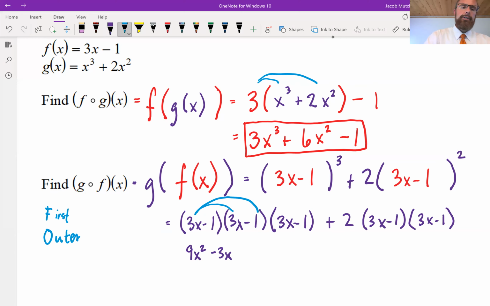I stands for inner terms. My inner terms here are going to be negative 1 times 3x. Those happen to be the same because these are identical binomials. And then the L, as you can probably guess, are the last terms. In this case, negative 1 times negative 1. And that'll be positive 1.